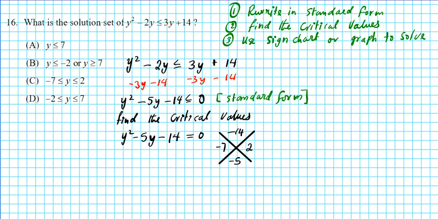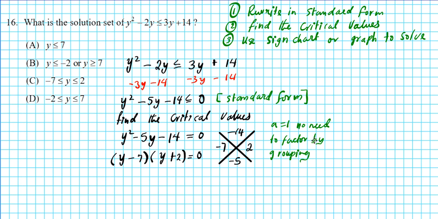In this scenario, a is equal to 1, which is good, so no need to factor by grouping. We can jump directly to the factored state, which is y minus 7 times y plus 2.